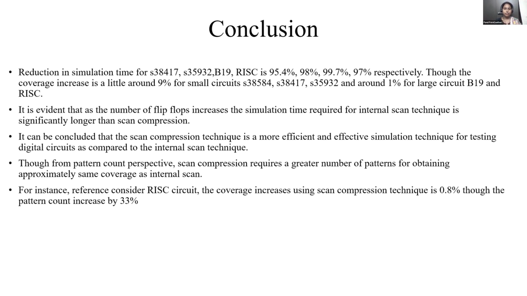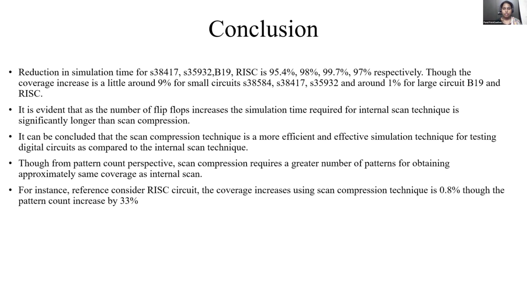Now the final conclusion that we have is that scan compression is more effective in terms of coverage, and in terms of timing it gives the very best results. So it is efficient if you want to reduce the test time and if you want to have better coverage. But the drawback with scan compression is area and pattern count.